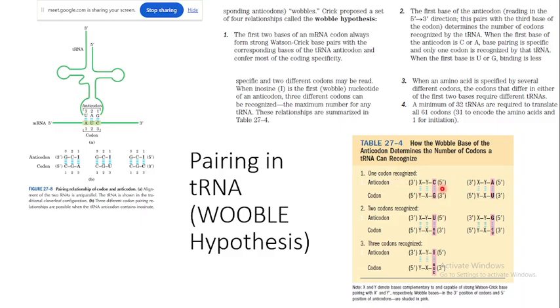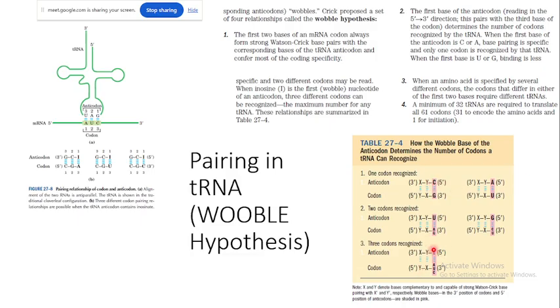Only C can recognize G. But if the wobble position is U, then it can recognize A and G. If the wobble position is A, it can recognize only U. So for these you need only one tRNA each.